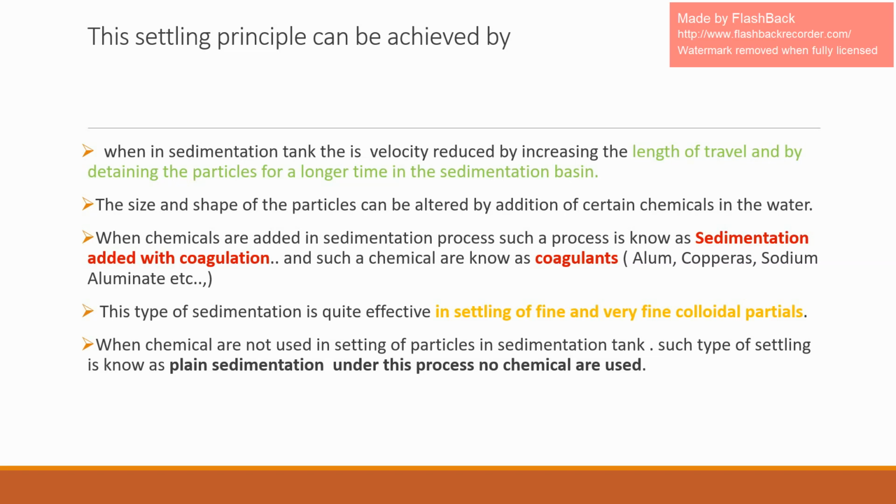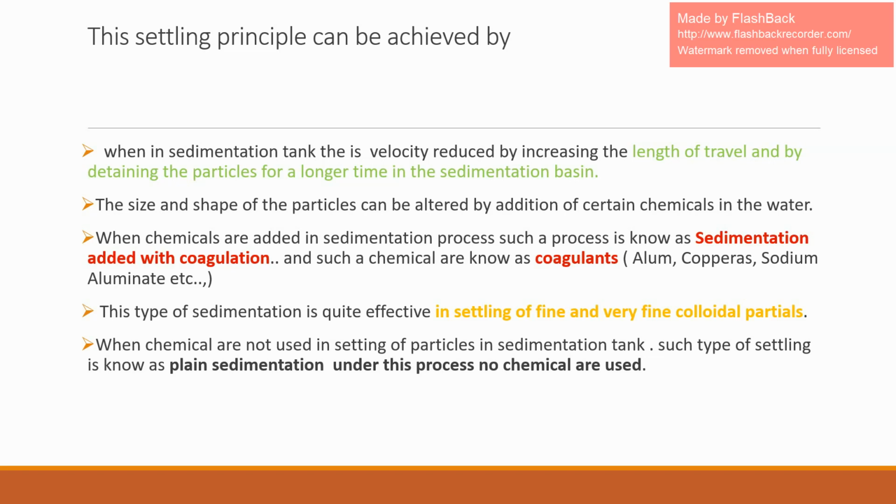So naturally, whatever sediments are present in those basins tend to settle down in the sedimentation tank. And again, we can change the shape and size of the particles by adding certain chemicals. This type of sedimentation process we call sedimentation with coagulation.